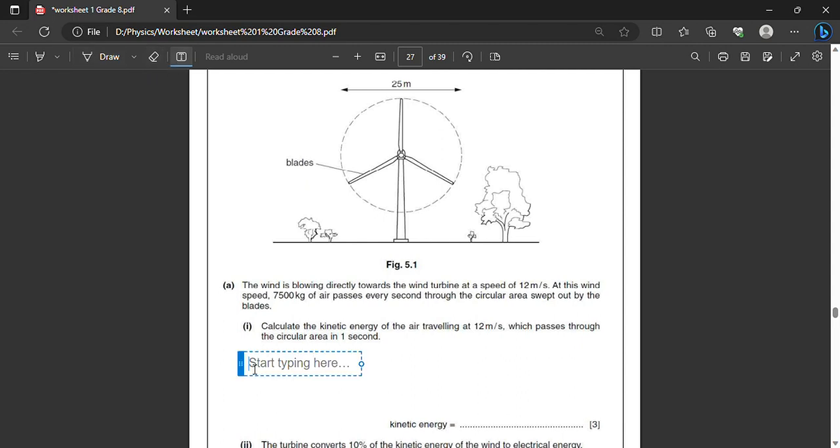So now you should calculate kinetic energy, that is half, 1 by 2 times mass times speed square.